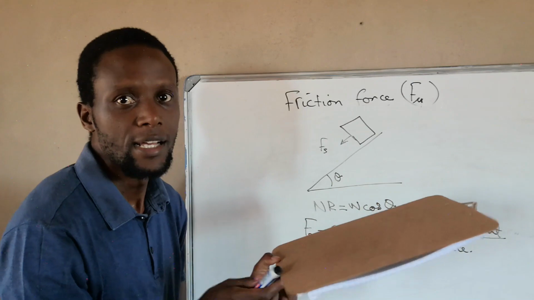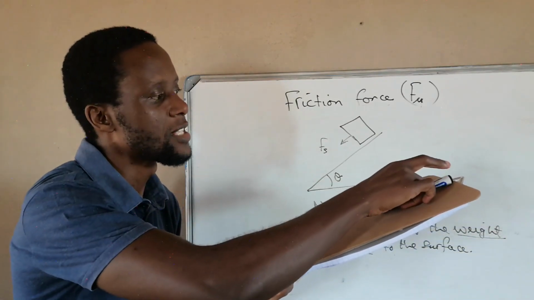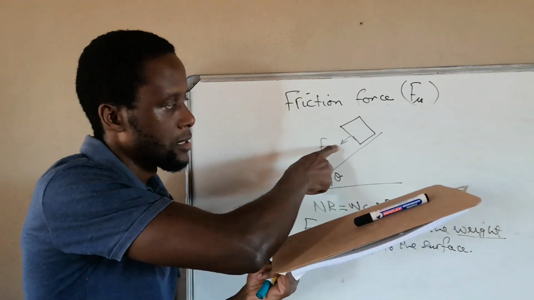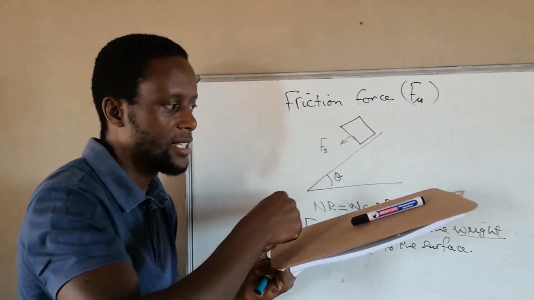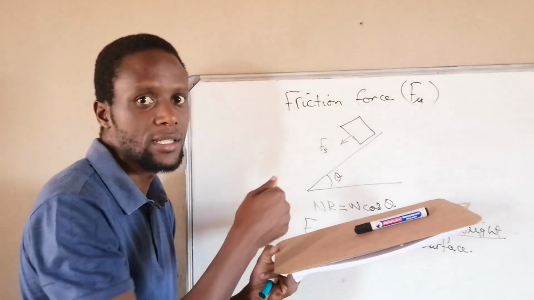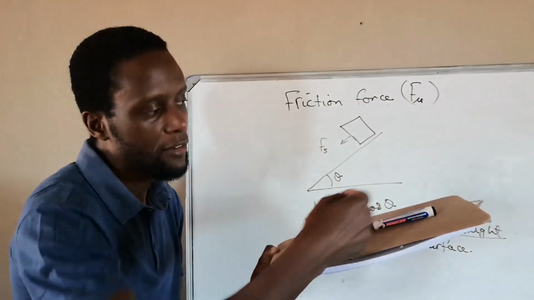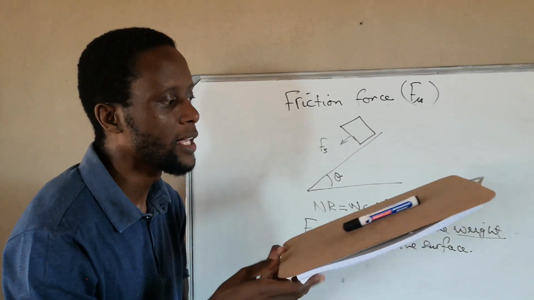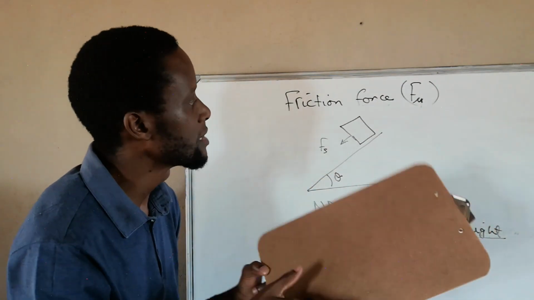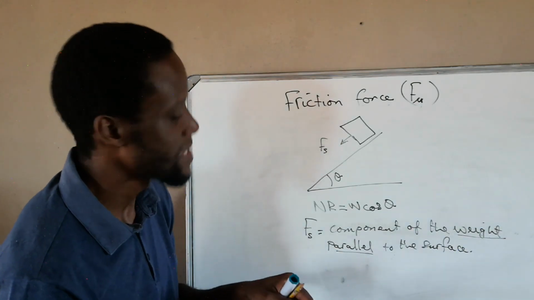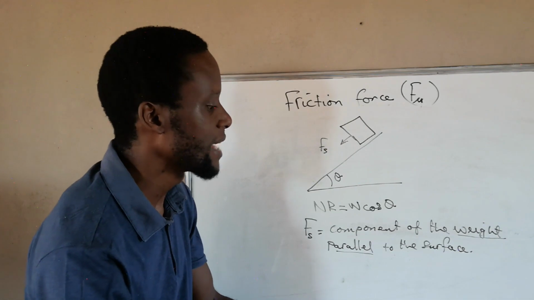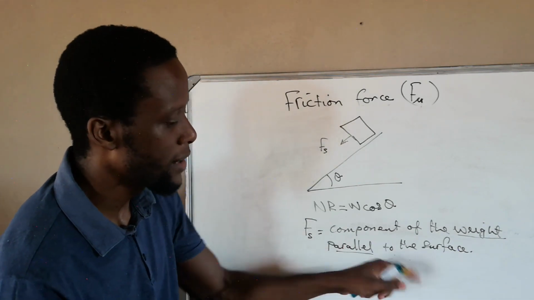The more I raise it, we see that the object starts to slide downwards by itself, and it is a result of that force which is attracting downwards. If it's not moving downwards, this force still exists, only that it is not big enough to move the object. But the more we increase, the more the sliding force increases and the object will also slide downwards. So the sliding force is always in the downwards direction and it is parallel to the surface.